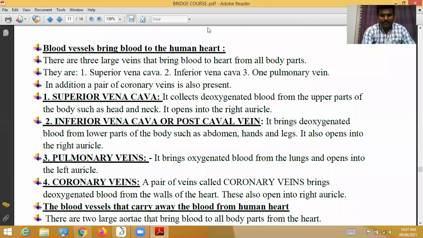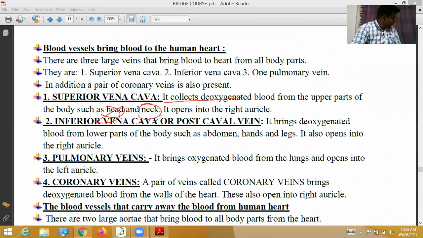Come to that part. See, the superior vena cava, whatever I said, will be here. It collects deoxygenated blood from upper parts of the body, such as the head and neck, and opens into the right auricle.